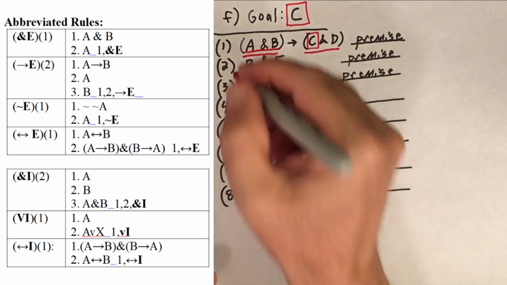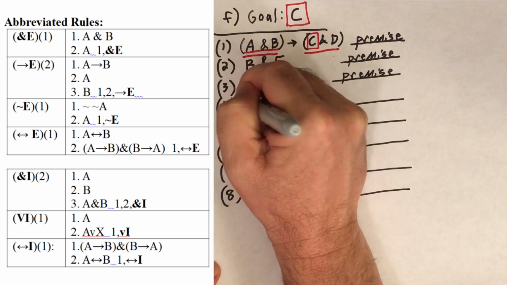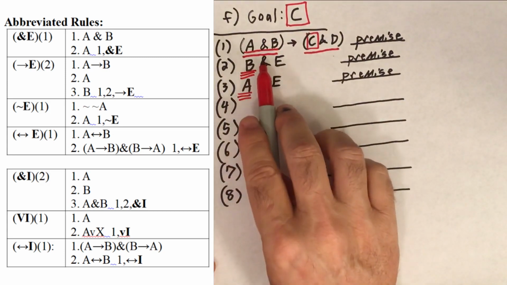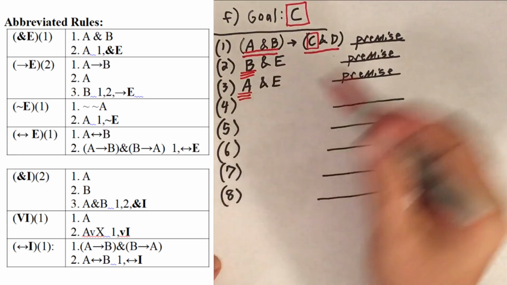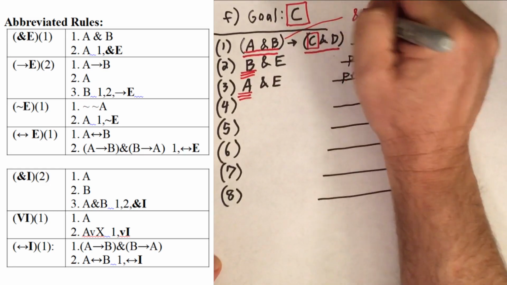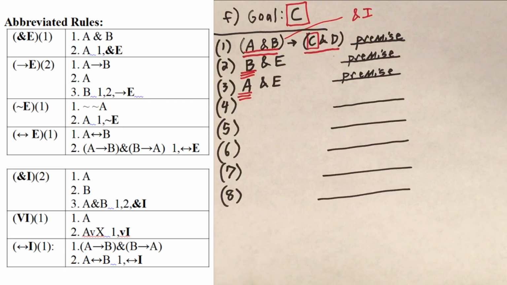Yes. If I get A and I get B, I can simply create the new and. I can even make a little note to myself. I am going to need the and introduction rule in order to create a new and. And now notice, if you can see that ahead of time, I work backwards from my goal all the way to my premises, then it is simply following my checklist.